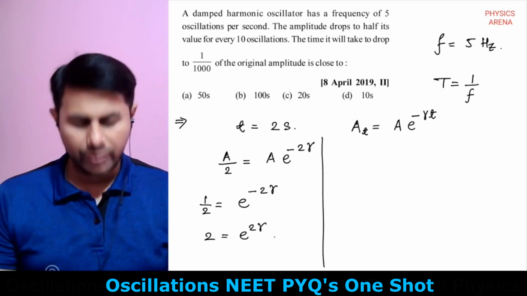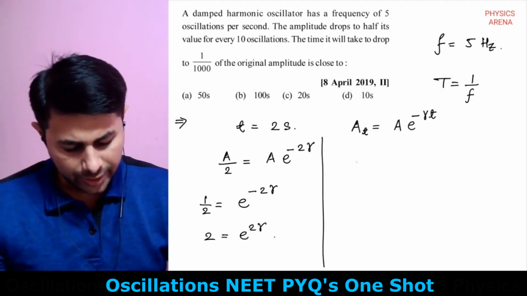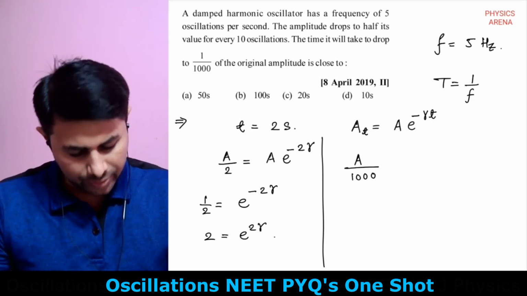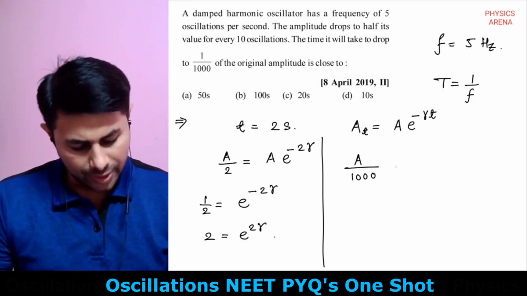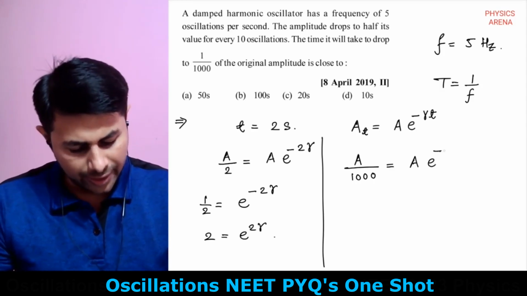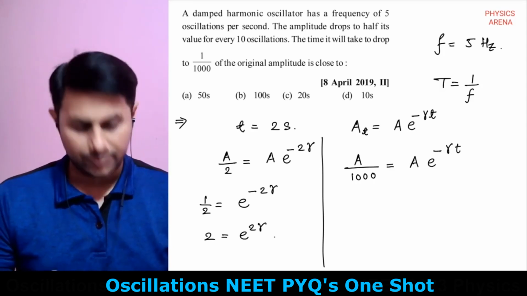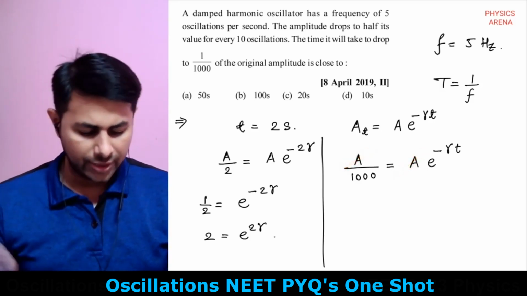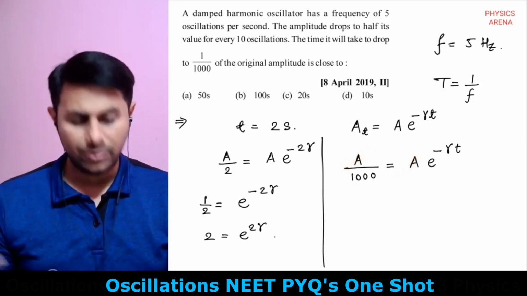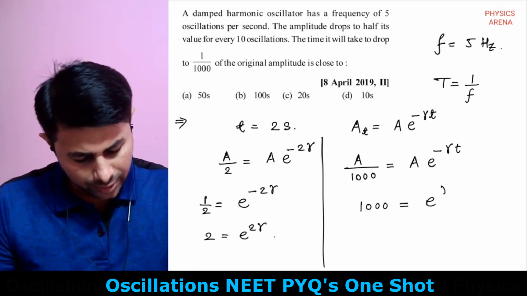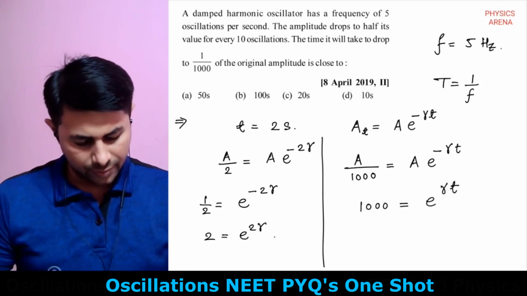After that, what do we want? We want the time when amplitude becomes 1 by 1000 of the original value. So A by 1000 is equal to A multiplied by e raised to minus gamma t. A and A get cancelled, so we get 1 by 1000 equals e raised to minus gamma t, or 1000 is equal to e raised to gamma t.